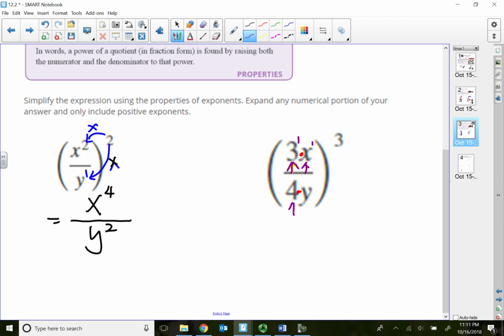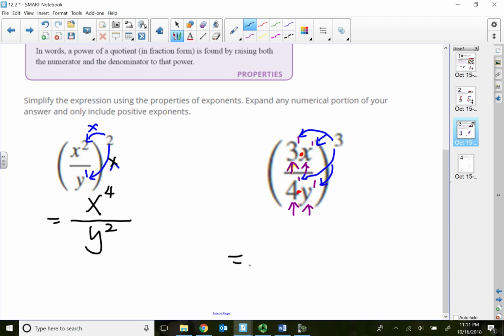In the bottom, there's a 4 to the first and y to the first. I'm drawing this arrow so you can see there are 4 different factors, or 4 different bases. So make sure the outer exponent multiplies the exponent on the 3, the x, the 4, and the y.